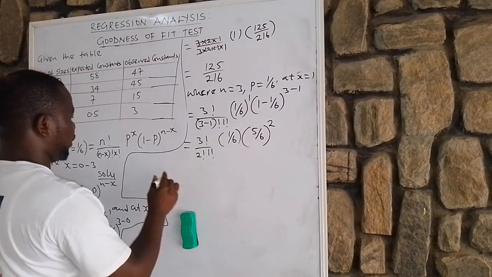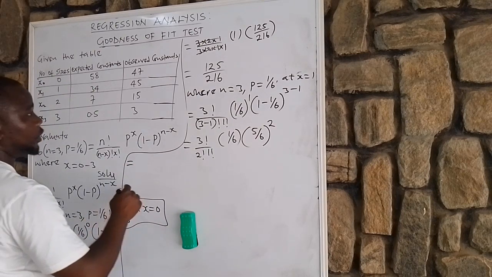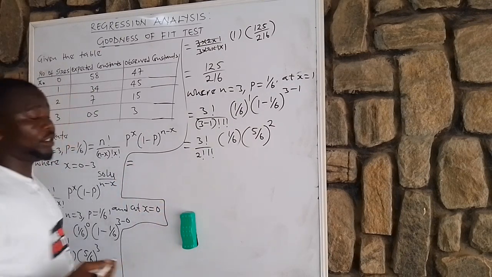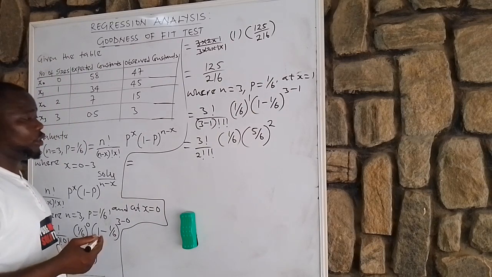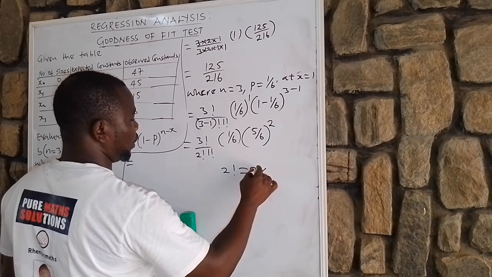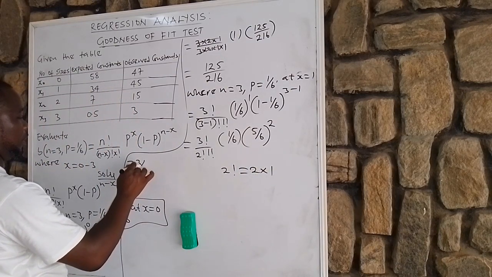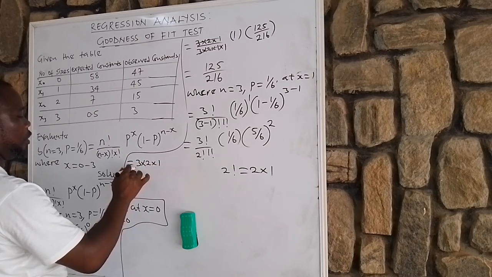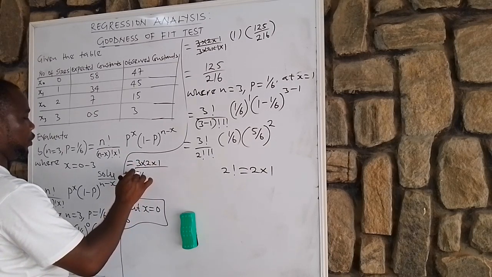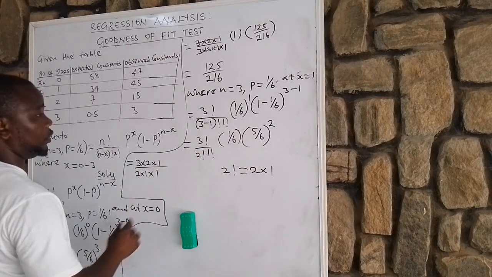Then here, I told you 3 factorial means what? 3 times 2 times 1. Then what of 2 factorial? 2 factorial means 2 times 1. Is that clear? So if you agree with me, 3 times 2 times 1 all over 2 times 1 times 1 factorial 1.